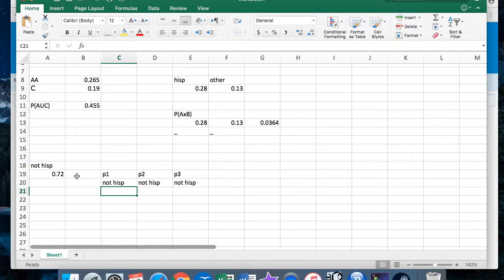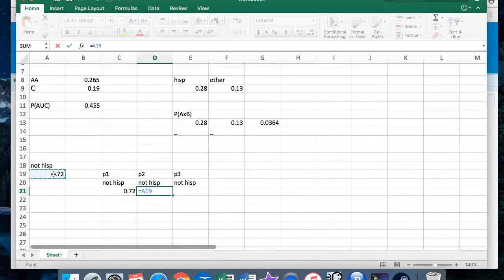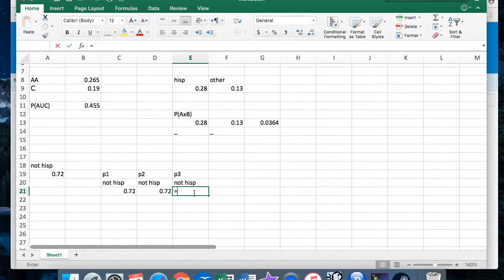The probability of not Hispanic was 72%. So just continue to copy this along the board. So 72%, 72%, 72%.